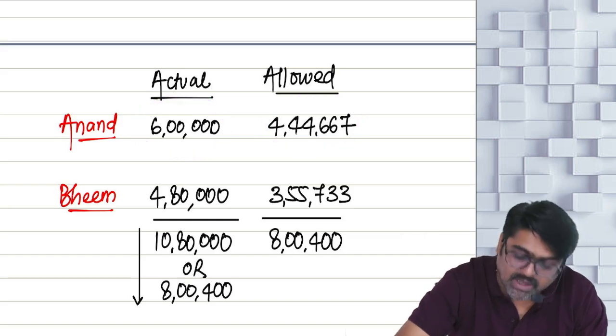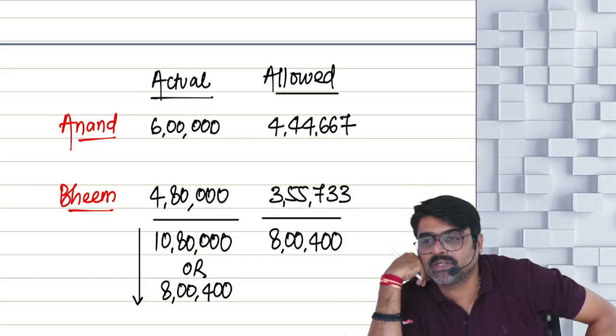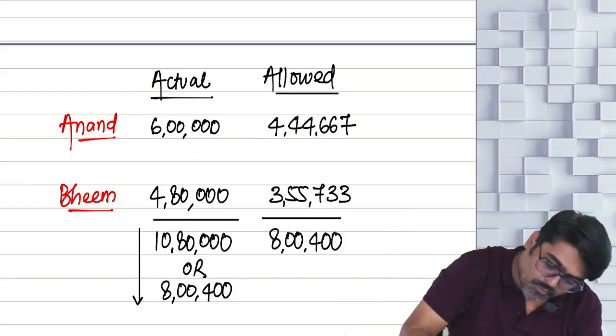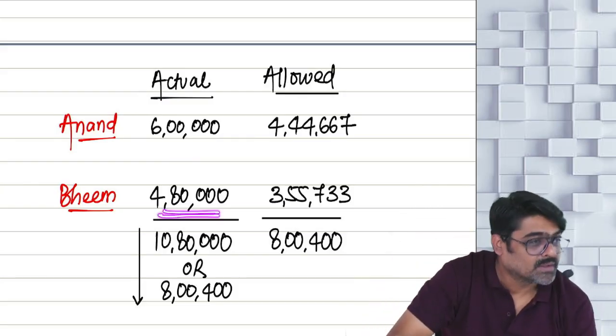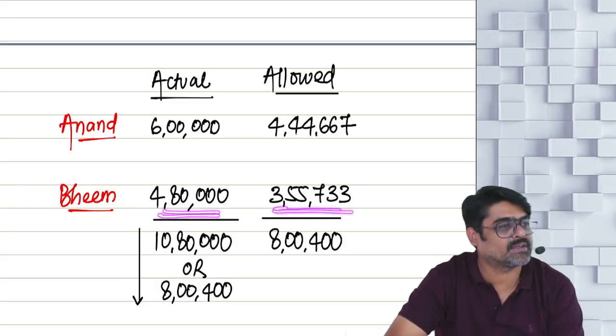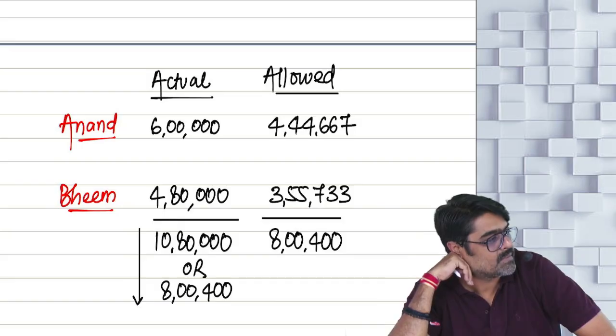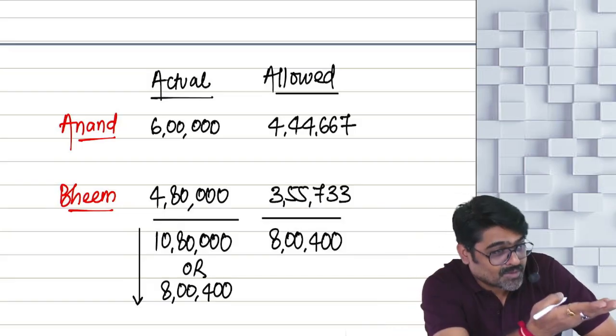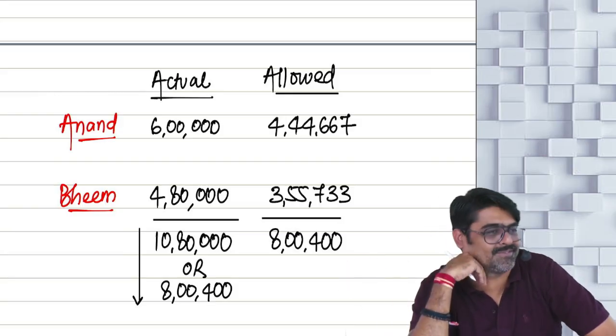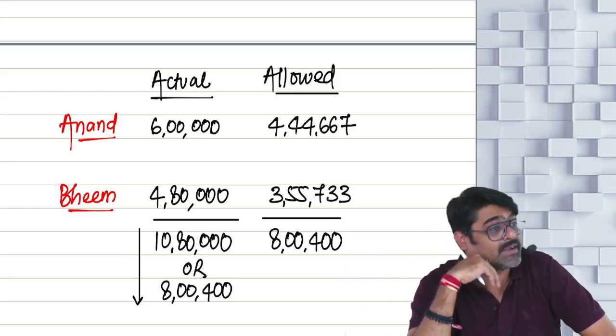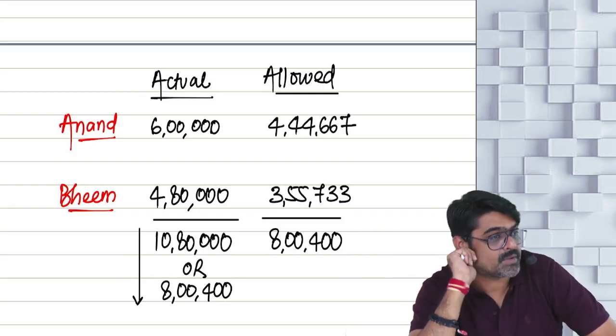This amount Anand will show as his PGBP income. And out of 4,80,000, how much is allowed? 3,55,733. This amount Bhim will show as his PGBP income. Understood or not? In the exam, they will ask you such type of questions. That is why I told you this question is important.